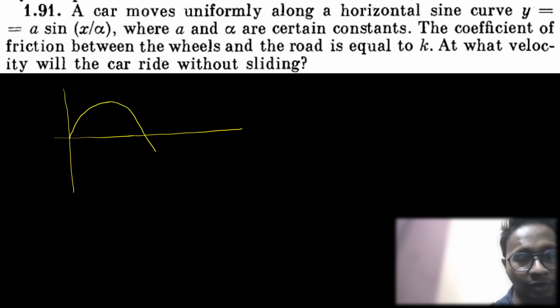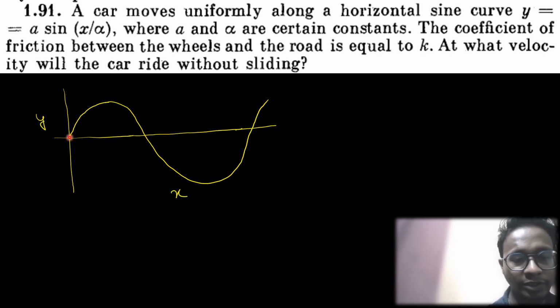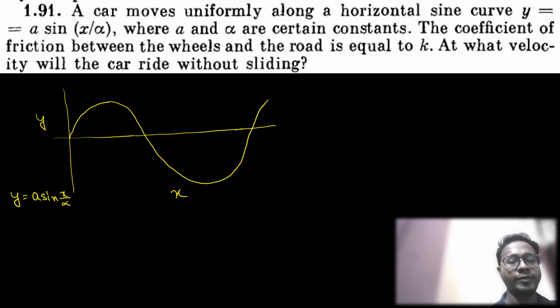The curved road follows the equation y is equal to a sine x by alpha. This is the equation of the road. Now a car is traveling on this road.